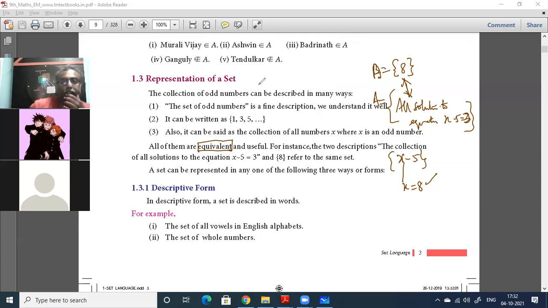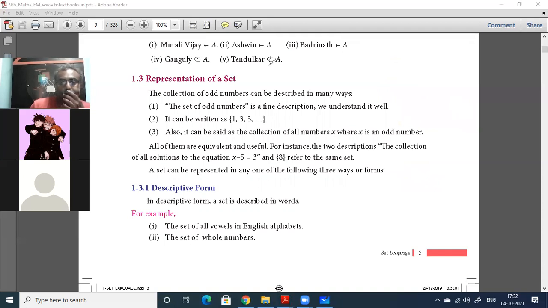Okay, continue reading. Representation of a set. Descriptive form. In descriptive form, a set is described in words. For example, the set of all vowels in the English alphabet: A, E, I, O, U. Set of whole numbers: numbers start from 0 and so on.